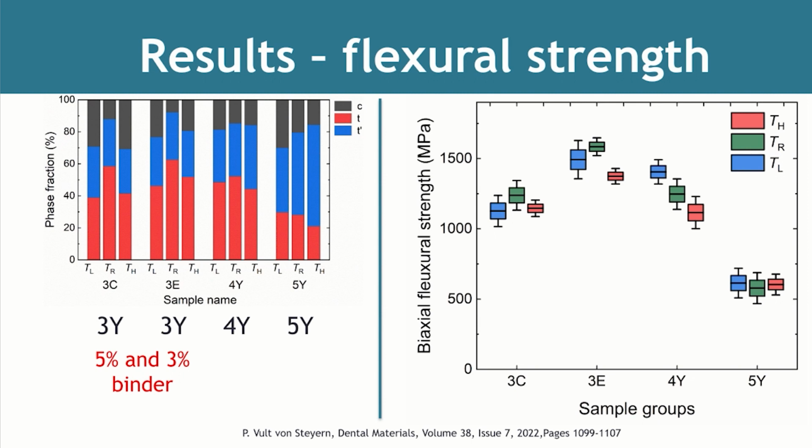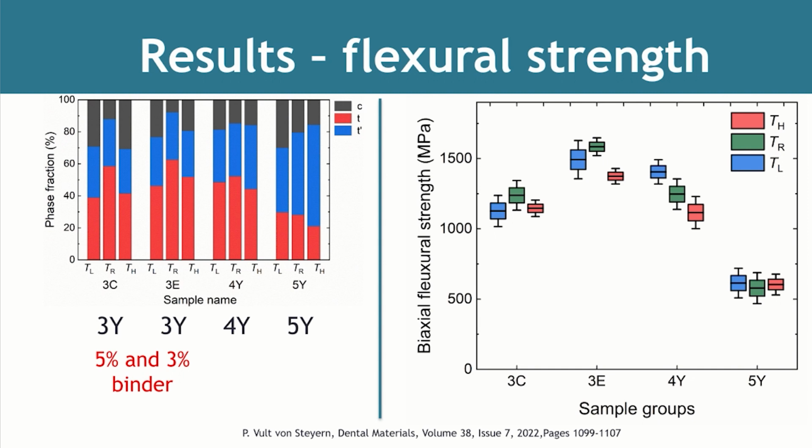Evaluating the mechanical properties, we looked at the flexural strength and compared it with the phase fractions of the different materials. The phase fractions of the two 3Y materials are relatively comparable, whereas the flexural strength is higher for the 3Y material with lower binder concentration. We believe this to be related to residual pores in the material.